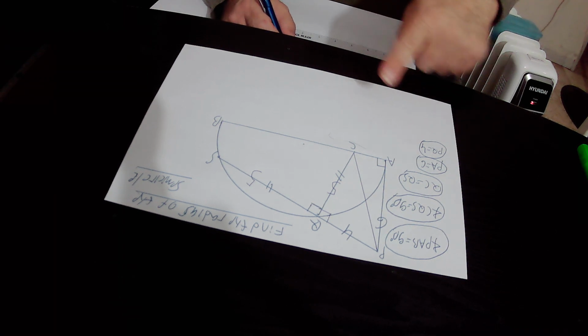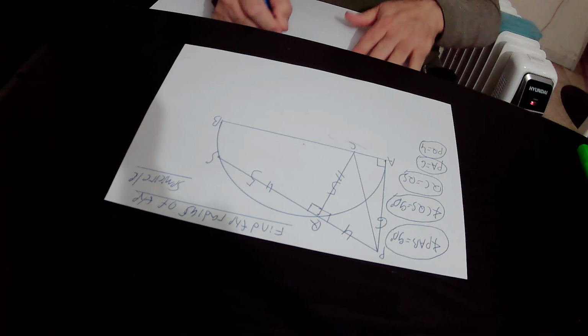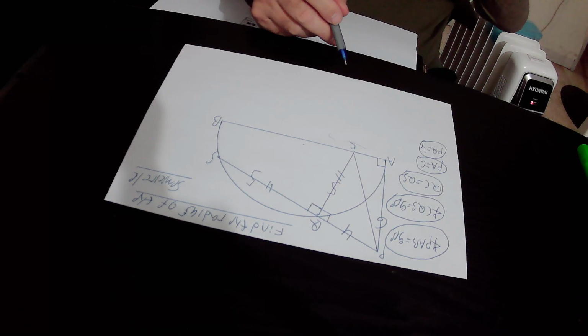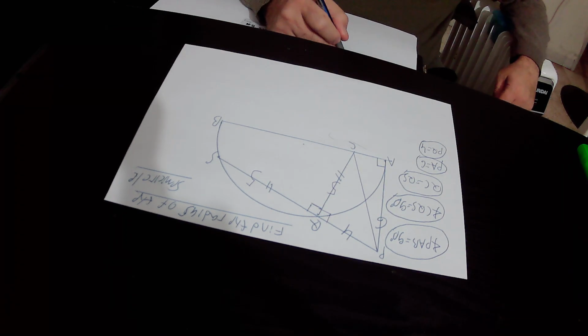And we just found out that PC squared, that is the square of the hypotenuse, equals 41. We define the length of side AC as A.